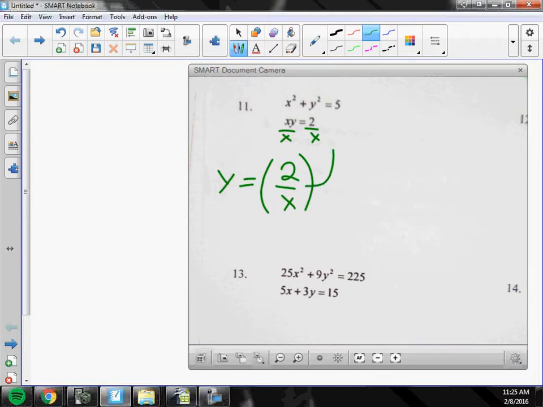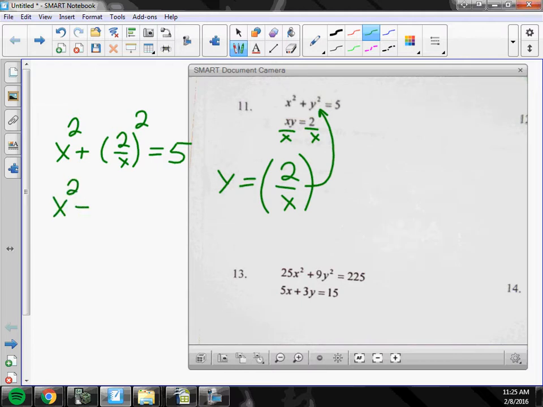I'm going to stick it right there. x squared plus 2 over x squared equals 5. Okay. Now what? What is 2 over x times 2 over x? 4 over x squared. So x squared plus 4 over x squared equals 5.